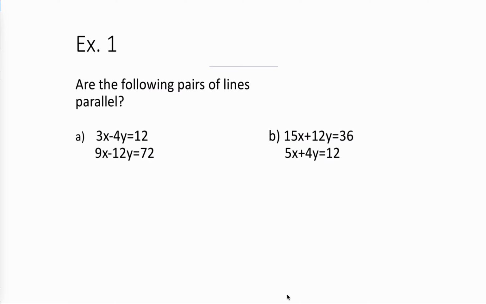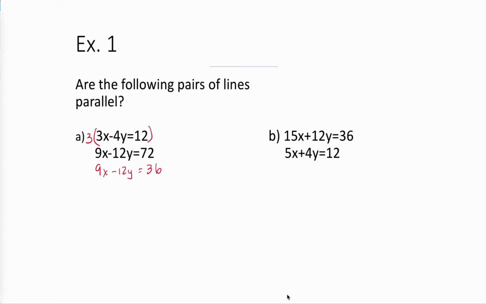One way that we can tell would be to put these in slope-intercept form and compare the slopes. Another way: if I multiply this entire equation here by 3, 3x minus 4y equals 12, I get 9x minus 12y equals 36.